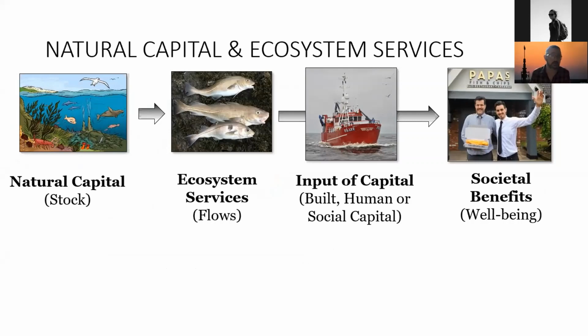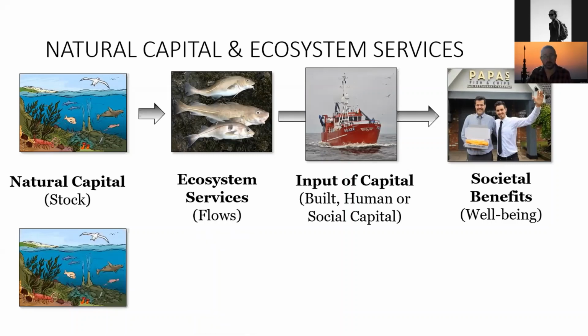We need fishing boats. We need fishermen to go out and catch that. We need knowledge. We need money and resources to turn what is essentially a final ecosystem service of a cod or a haddock into the thing called fish and chips, which we love to eat.